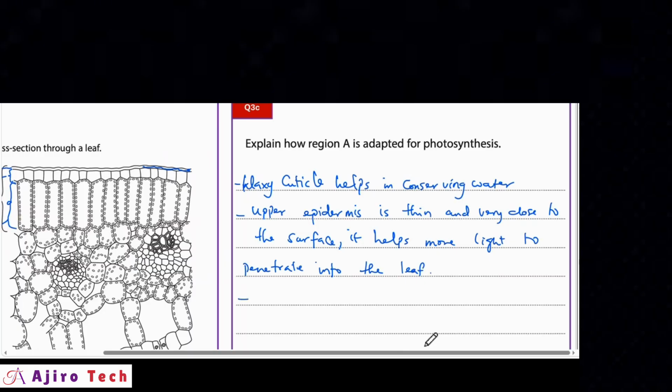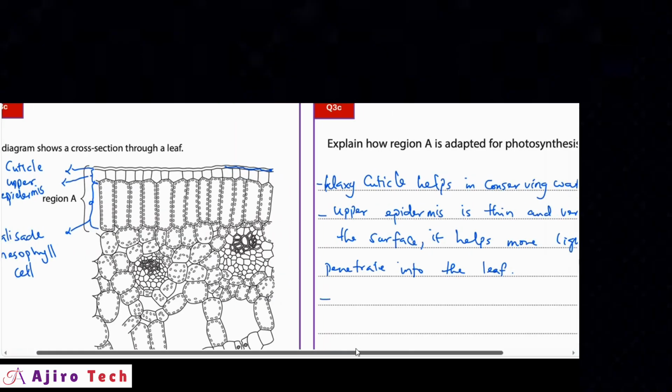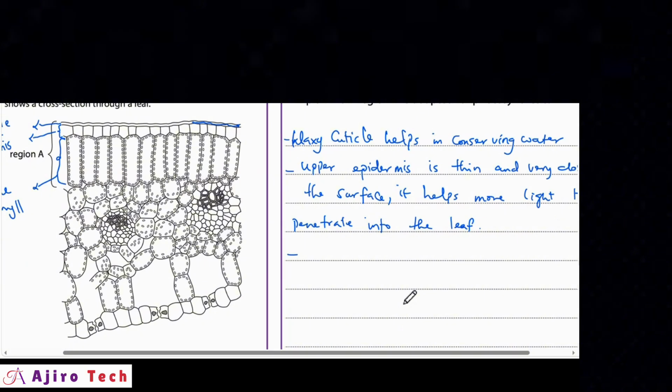Now let's talk about the palisade mesophyll cell. As you can see, this is the palisade mesophyll cell. Now you will see a lot of short oval shaped structures lining up inside the palisade mesophyll.